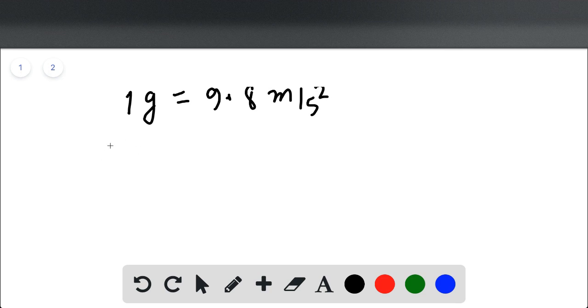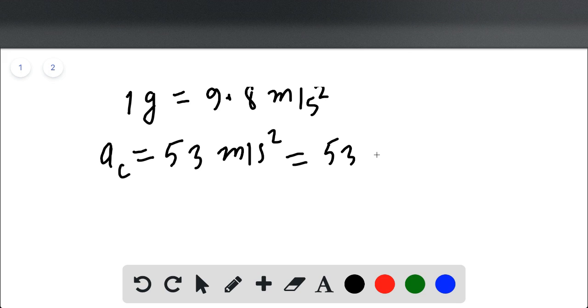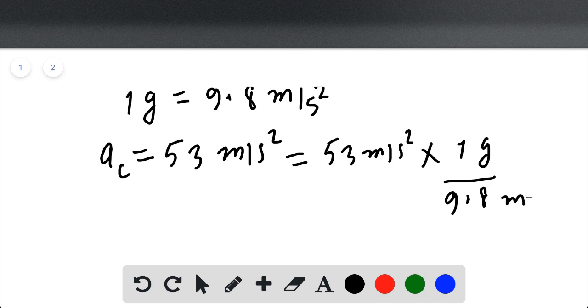So the centripetal acceleration, which was 53 meters per second squared, is going to be 53 meters per second squared times 1 g over 9.8 meters per second squared. So the final result would be 5.41 g.